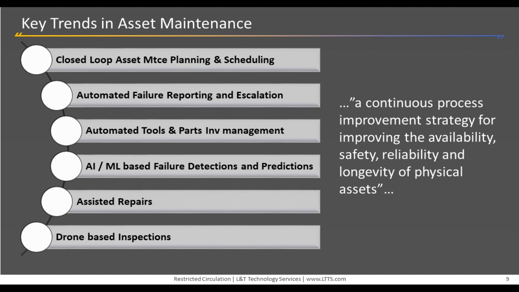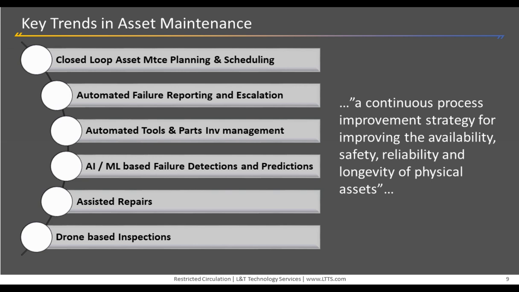At the same time, we are also looking at failure reporting improved very significantly, wherein in real time, we are able to get alarms, notifications, and be able to escalate and sustain it.